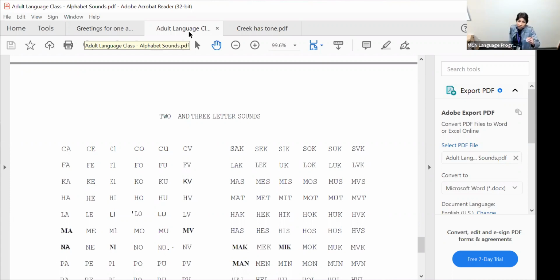Okay, when you put three letter sounds together, like si, a, ki, I'm going to encourage you to say si, a, ki, not S-A-K. Because when you say S-A-K, that is English. But when you say si, a, ki, that's Mvskoke.